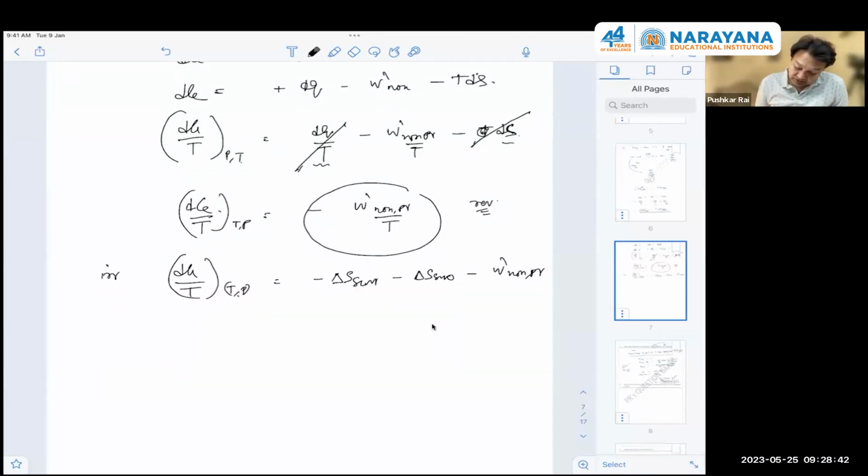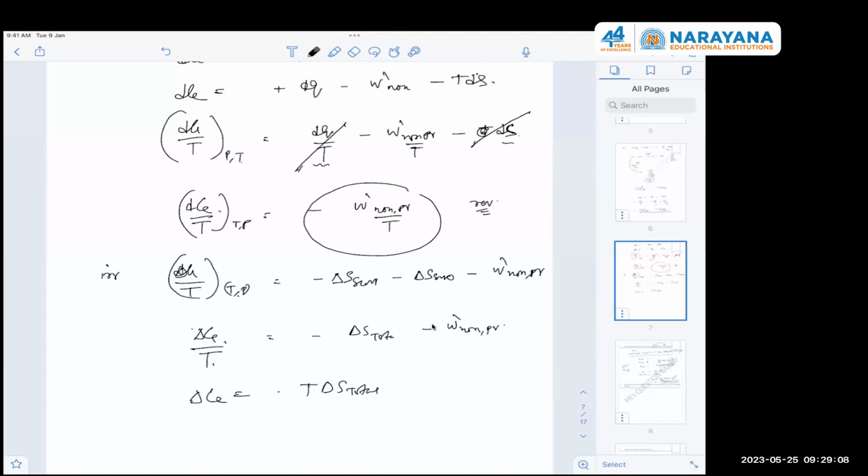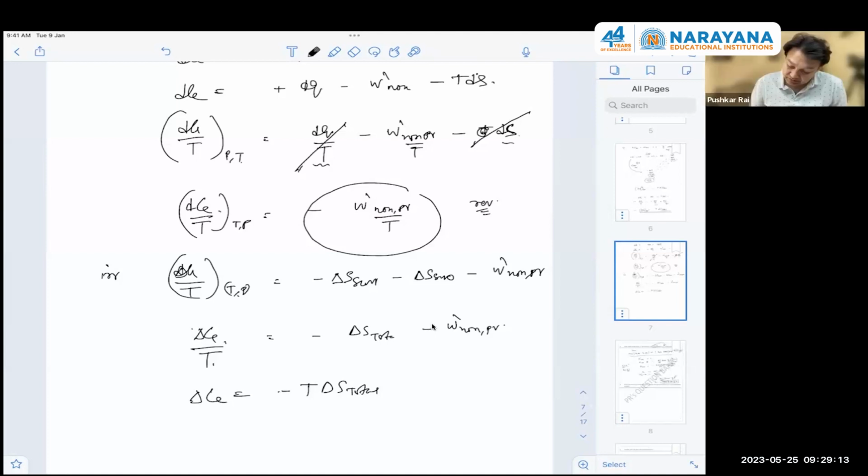So we can say that delta G by T is equal to minus delta S total minus W dash non-PV. Okay. So here delta G is equal to minus T delta S total, and we add a W by T for non-PV work. Yeah, there is another T here.